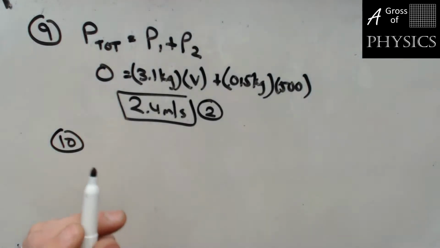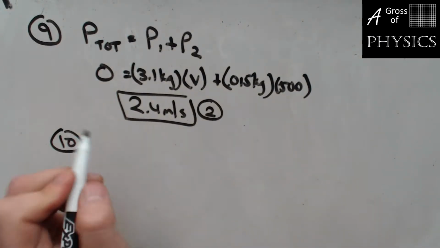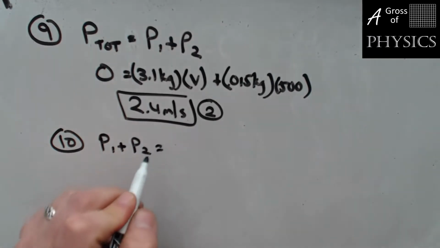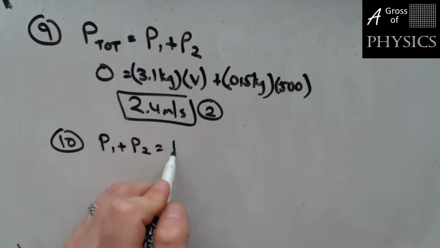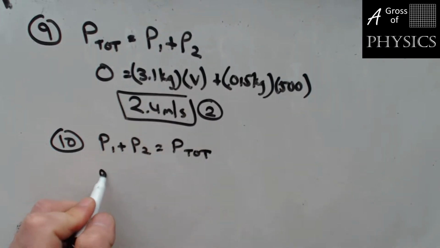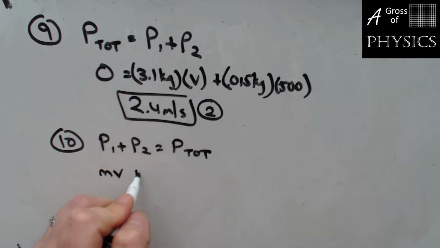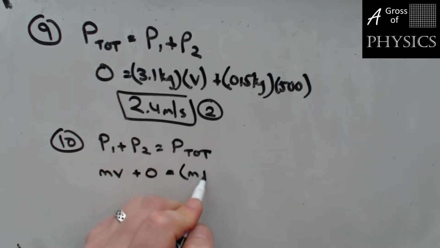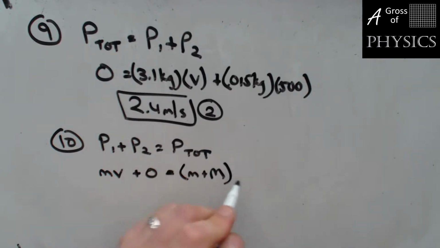All right, 10. We have a problem with no numbers. Also conservation of momentum, so P1 plus P2 equals, it embeds itself, so P total. So small m v plus 0, because it's stationary, equals little m plus big M, the total mass, times v prime.